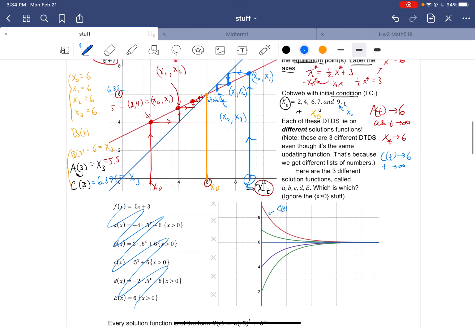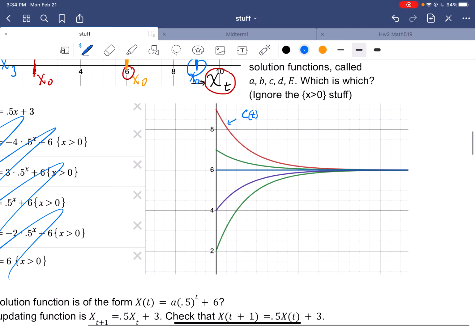Notice, C of 0 had better be x sub 0 for my blue path. And x sub 0 for my blue path was 9. And sure enough, right here is the point (0, 9), which says if I plug in 0 to this solution function, I will get 9.